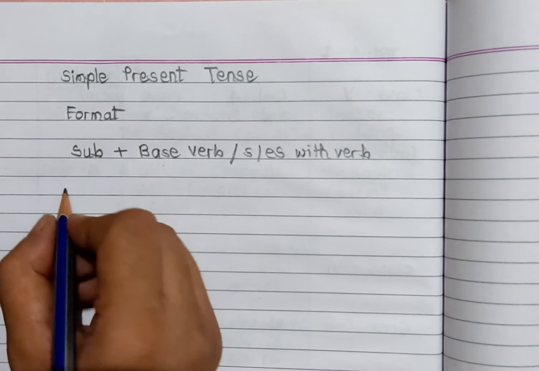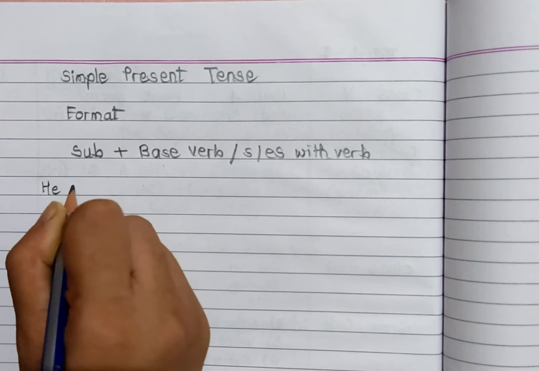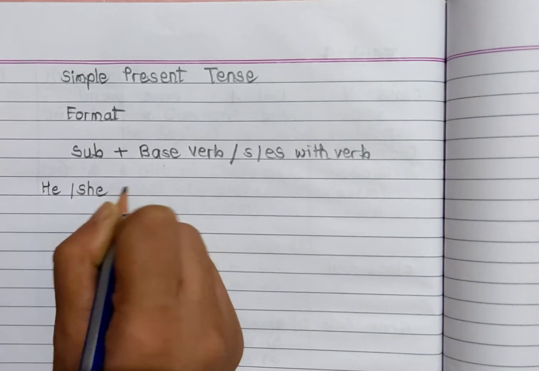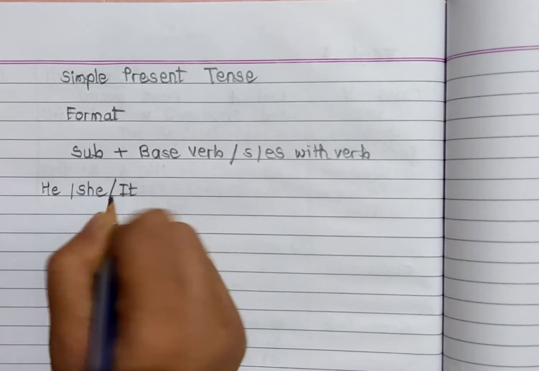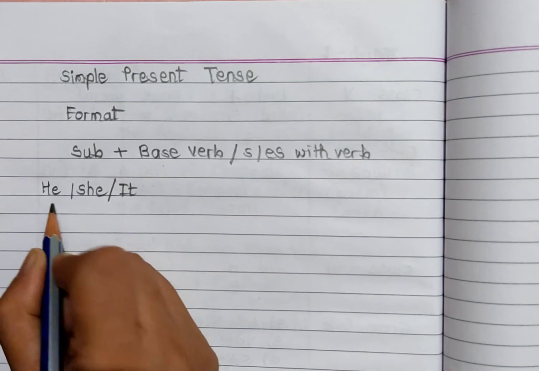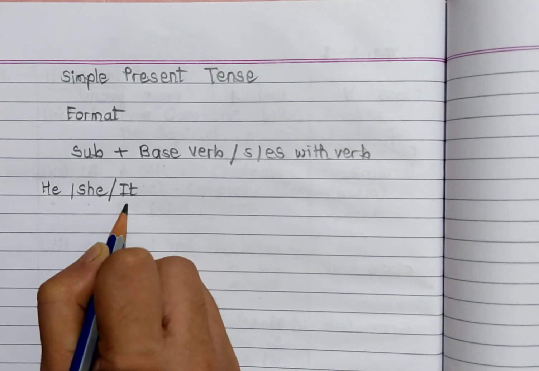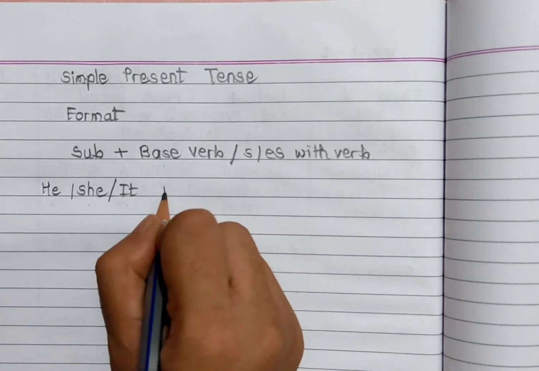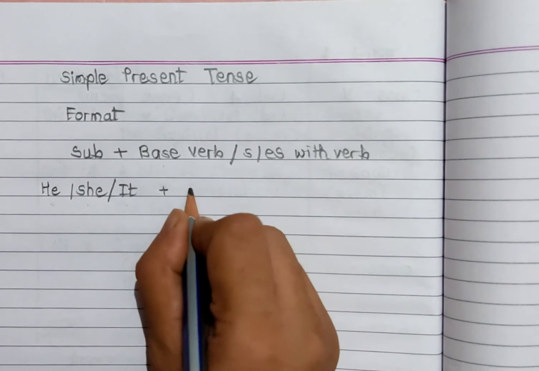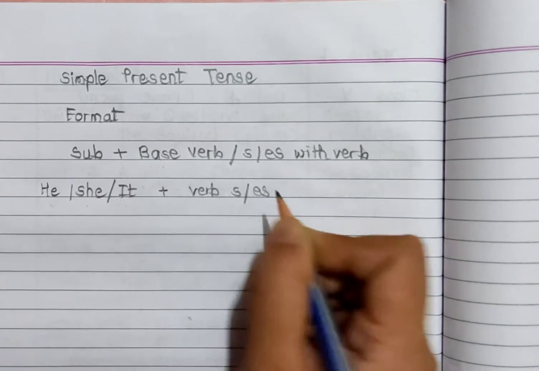So let's see here students, if there is a subject like third person, means he, she or it. Means if there is the name of any boy, name of any man, if there is the name of any girl, if there is the name of anything. So with this you have to use verb and with verb s or es.